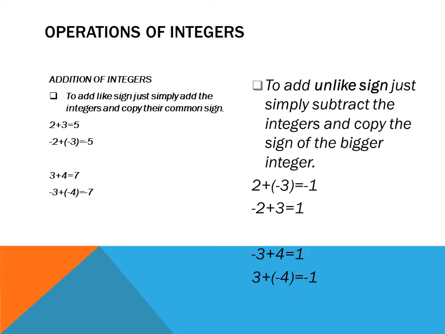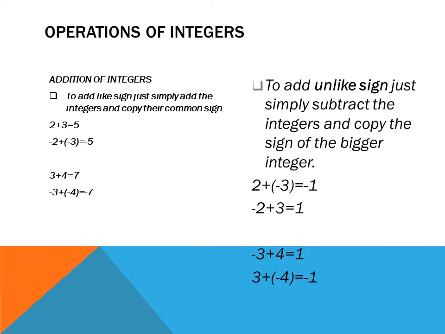Another example, we have 3 plus 4 is equal to 7. Since 3 and 4 share a common sign of positive, the answer is positive 7. While if the numbers share a negative sign, the answer is negative. Did you understand? While in adding unlike signs, just simply subtract the integers and copy the sign of the bigger integer.